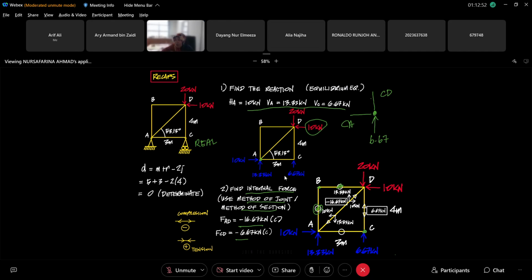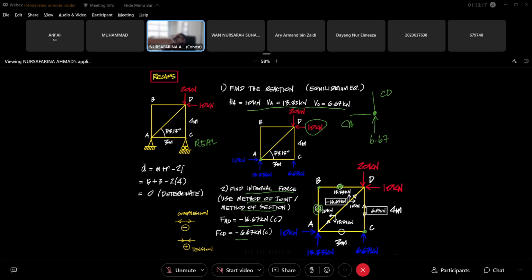Please respond. Tak pernah. So you belajar yang biasa punya je method of joint, right? You kena assume as a tension, betul? Okay, tak apa. So kat sini apa yang I ajar, you kena practice. Kalau you tak practice, memang you tak boleh buat. Okay? Alright.